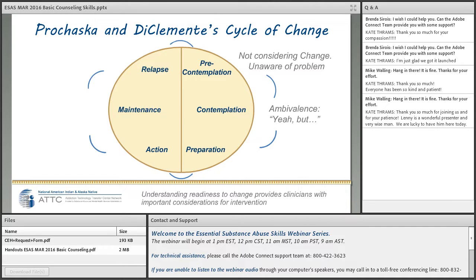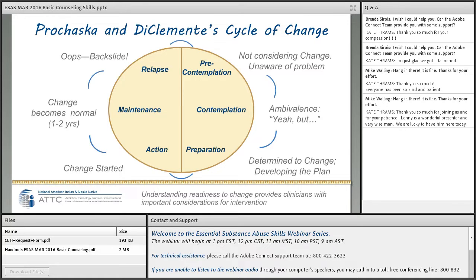In the contemplation phase, it's the "yeah, but"; they're still trying to figure out, should I go on to the next phase, which is preparation, determined to change, developing the plan. Then change gets started through the action phase. Maintenance: change usually becomes normal after 1 or 2 years.